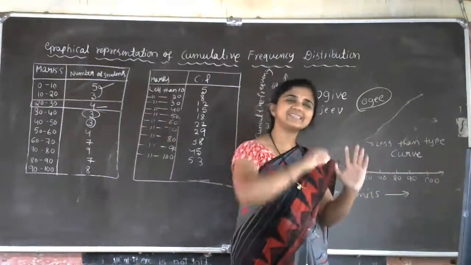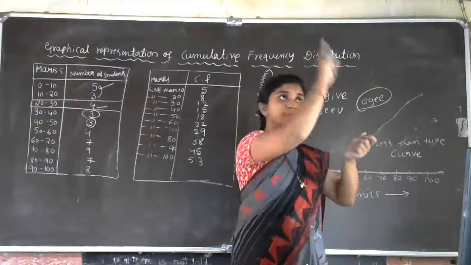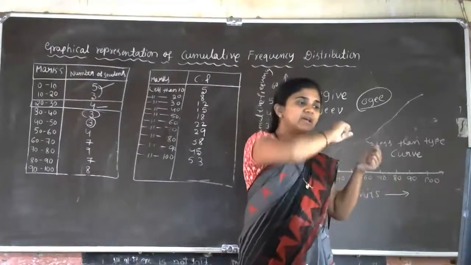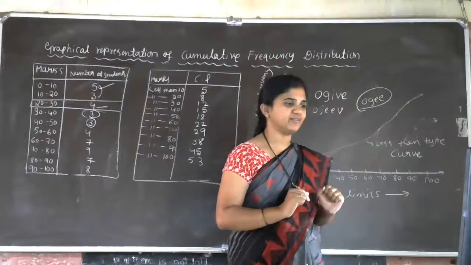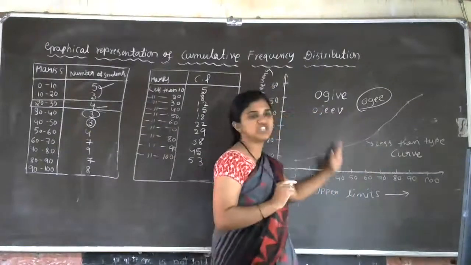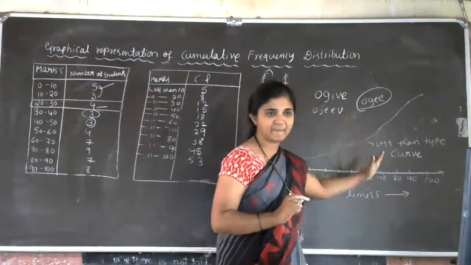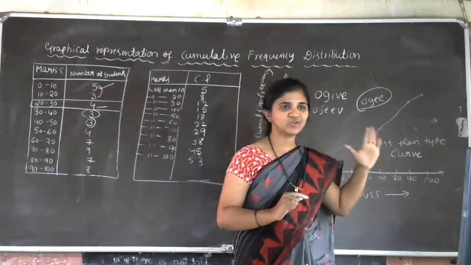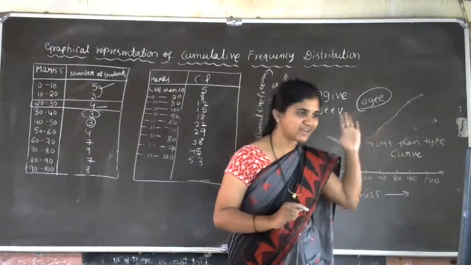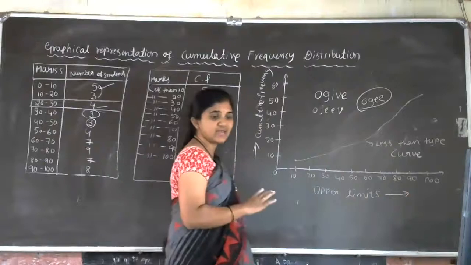This is just an S-shaped curve, smooth, not a complete S. We call this an ogive. This is an ogive of the less than type. Is that clear, students, how to draw the ogive of the less than type? This is the way of drawing the less than type ogive.